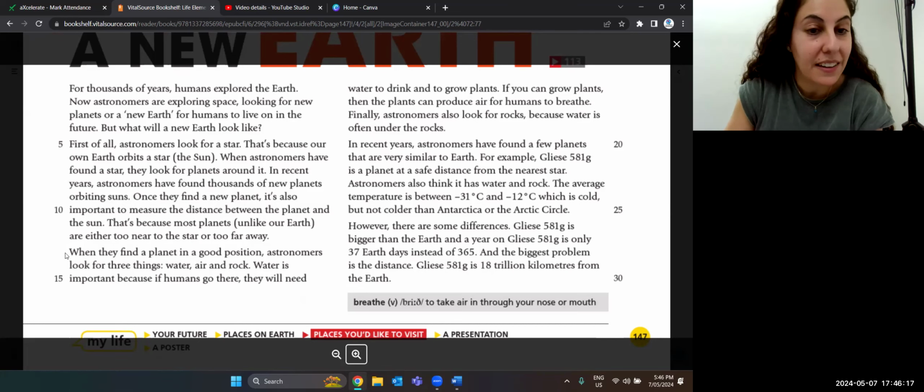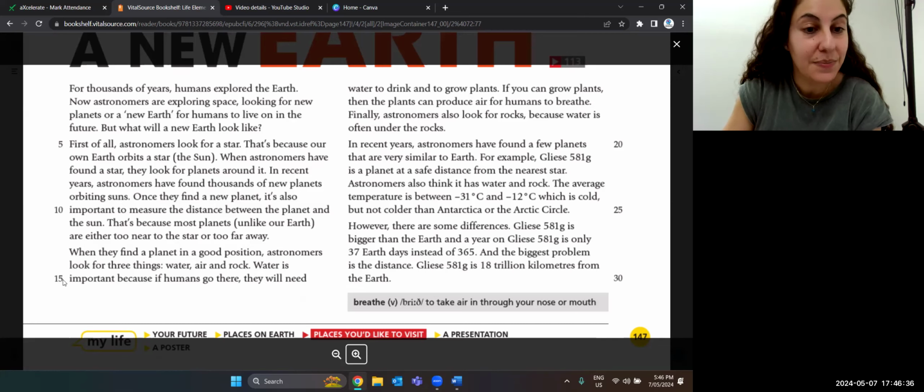When they find a planet in a good position, astronomers look for three things: water, air, and rock.